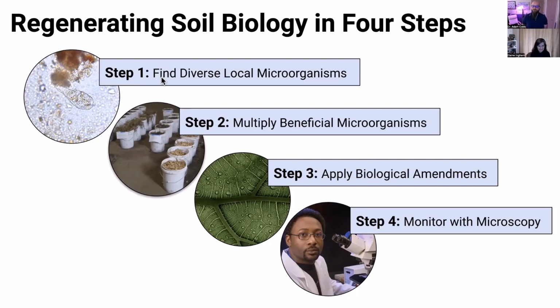But it's understanding what's missing and then finding diverse local microorganisms, multiplying those on what we call biocomplete compost, giving them the conditions like the sweet spot, and then applying them to the soil so that we can, like you said, fast forward or jumpstart that process of succession.